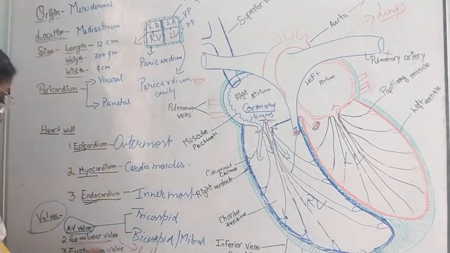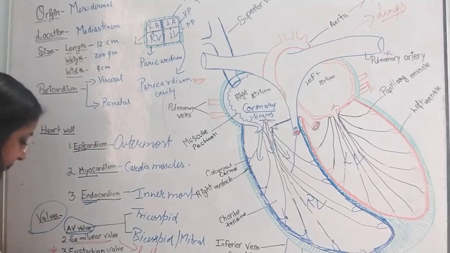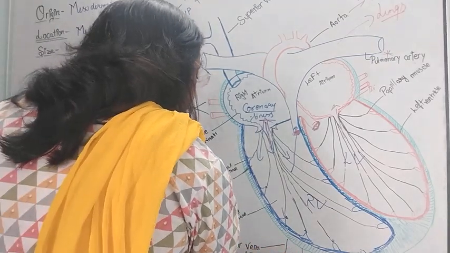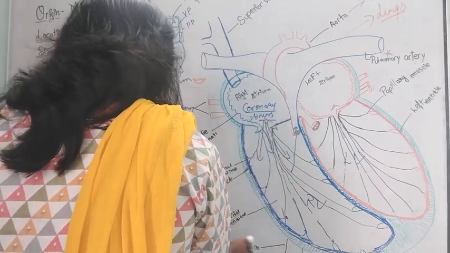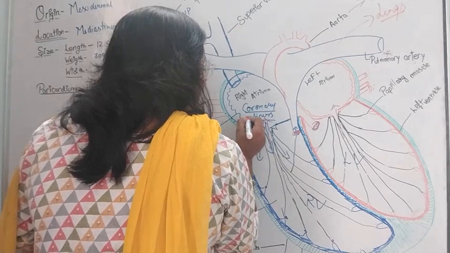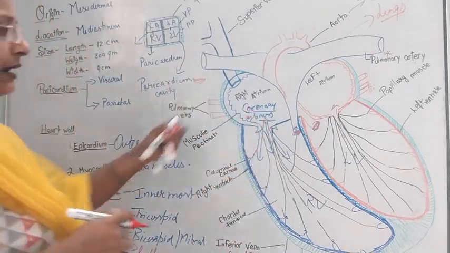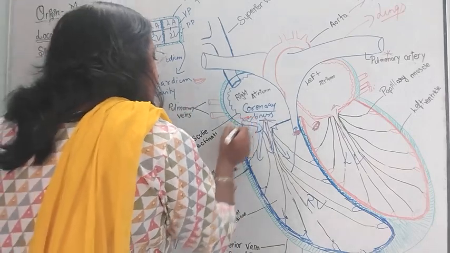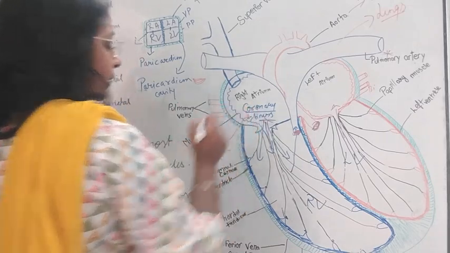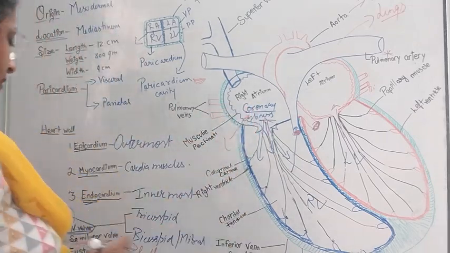Now come to the Eustachian and Thebesian valves, which are also important. The Eustachian valve is present at the opening of the postcaval or inferior vena cava. Suppose the opening of the inferior vena cava in the right atrium is at this place, so the Eustachian valve is present at the opening of the inferior vena cava.